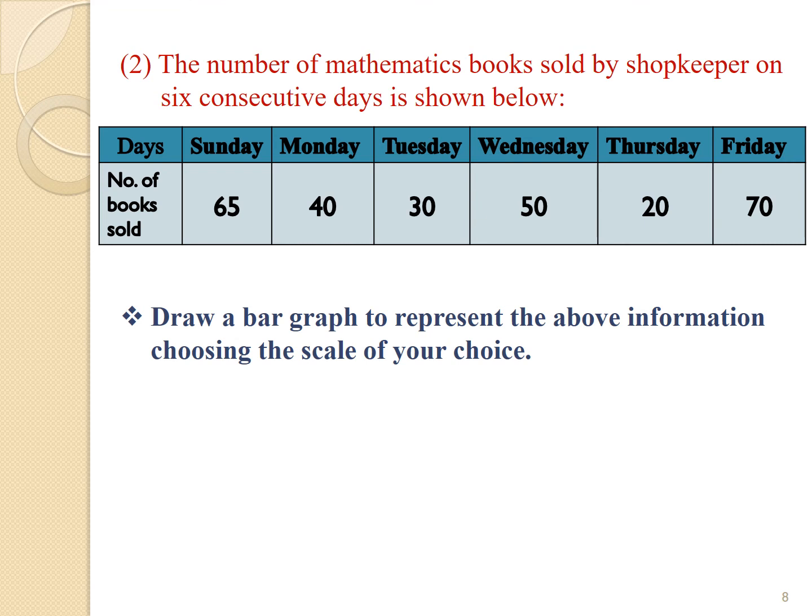The points are 10, 20, 30, 40, 50, 60 and 70. Each unit representing 10 books. After the scale has been determined, bar graph can be easily drawn. So, now let's draw the bar graph and solve question number 2.